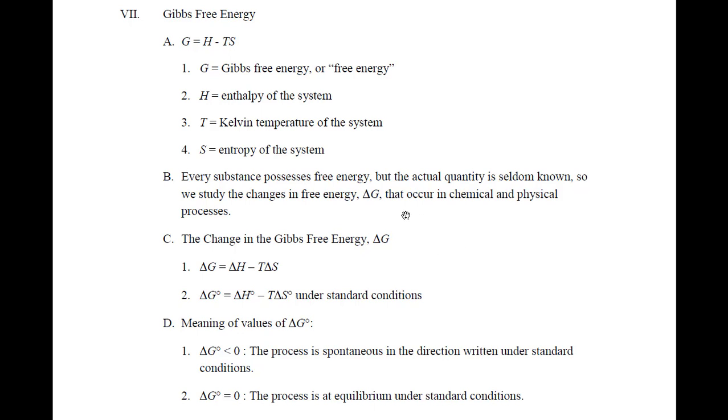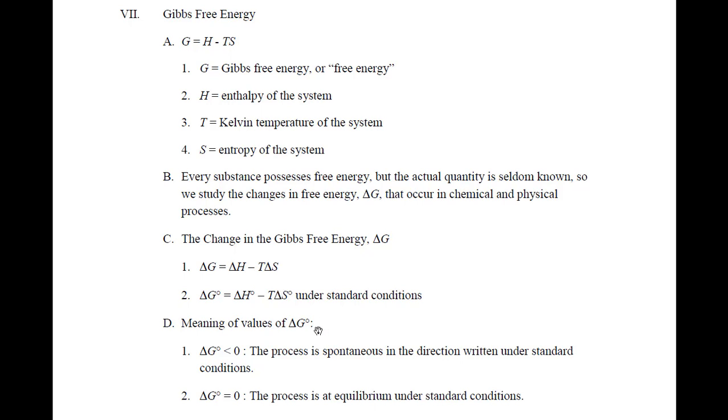So just like with enthalpy and entropy, we use delta G. And so here's the equation that is really usable. So the real Gibbs free energy equation is the change. The change in free energy is equal to the change in enthalpy minus the Kelvin temperature times the change in entropy. If it's under standard conditions, then of course you have these zeros.